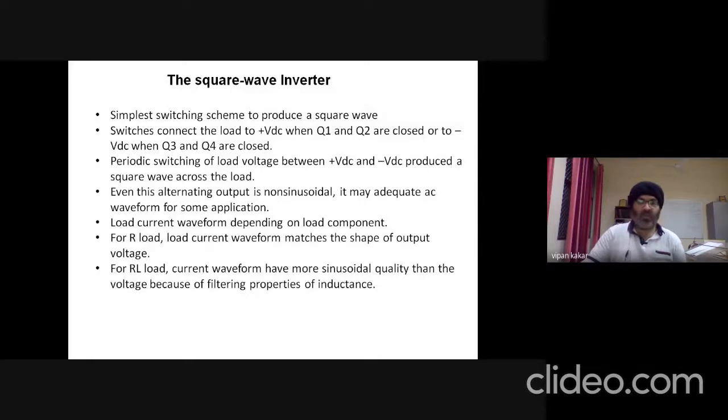So load current waveform depends on the load component. If it is pure resistive, it follows the voltage. If it is R and L load, then we can have a smoother, more sinusoidal output. As we increase the value of L, we have a smoother sinusoidal.